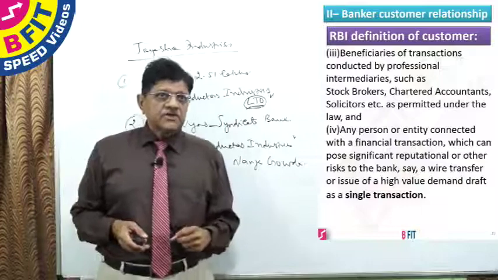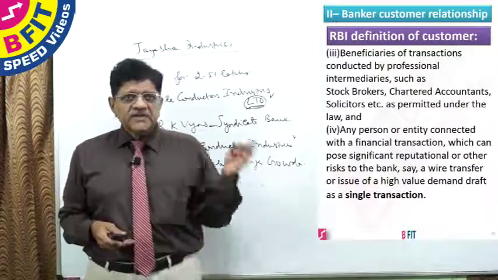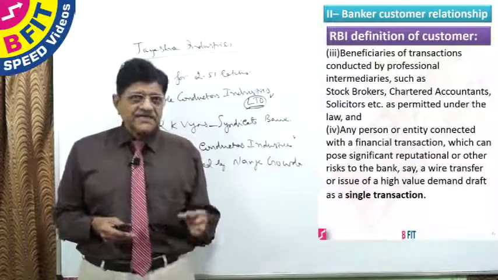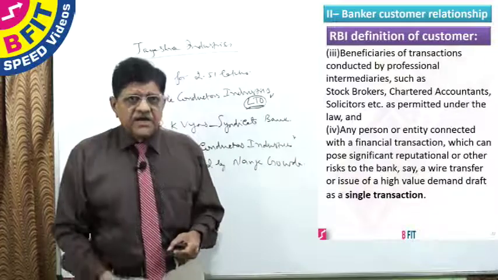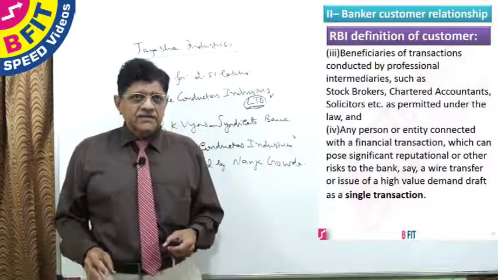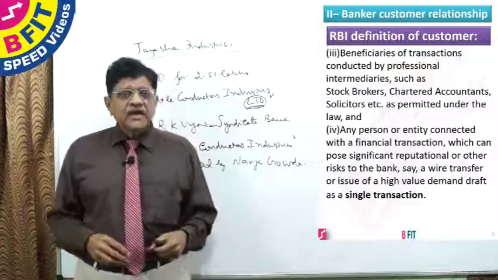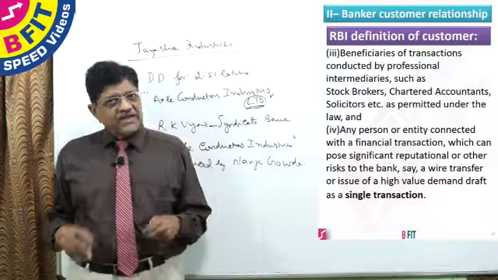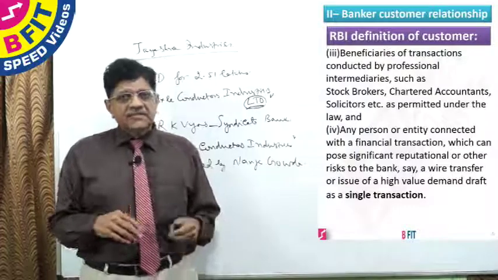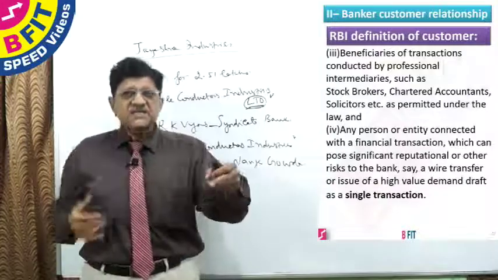And the fourth part of the definition: any person or entity connected with a financial transaction which can pose significant reputational or other risk to the bank, say a wire transfer or issue of a high value demand draft, as a single transaction. Earlier we saw a person cannot become a customer by making a single transaction. There has to be a series of transactions.